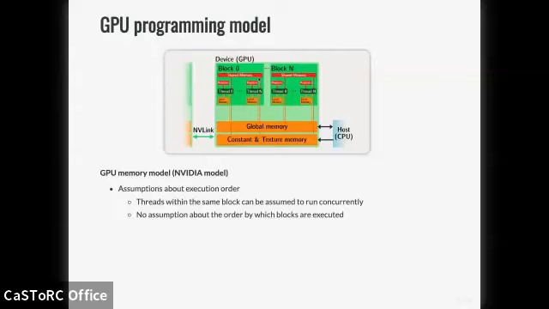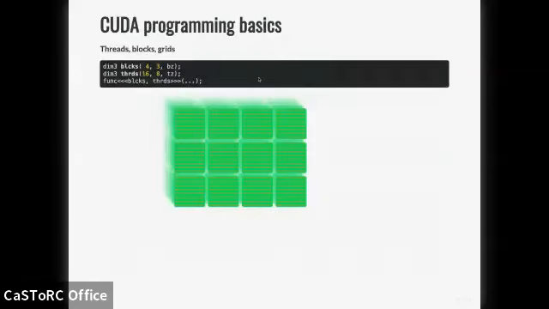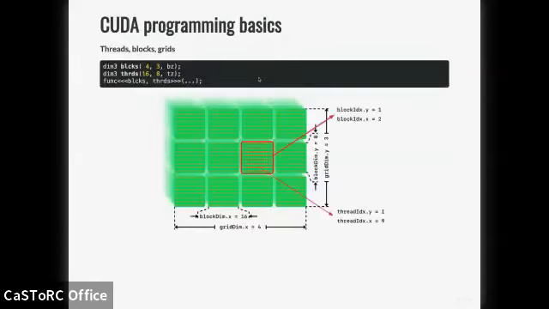Another thing is that in terms of how the operations are executed by the GPU, the units on the GPU that issue the instructions to the threads always issue these instructions to a group of 32 threads, right?